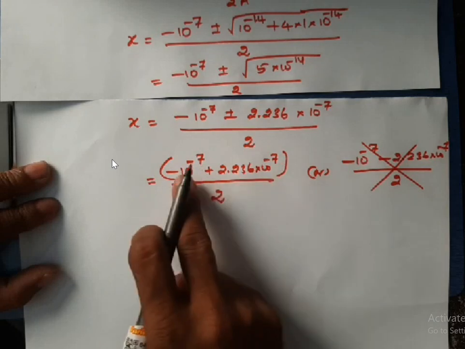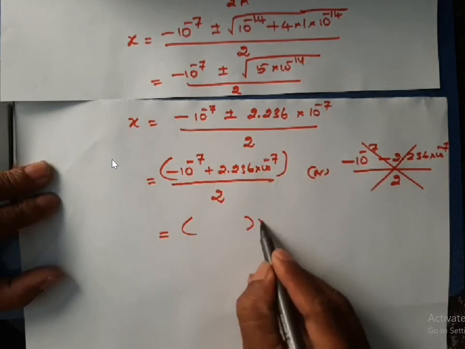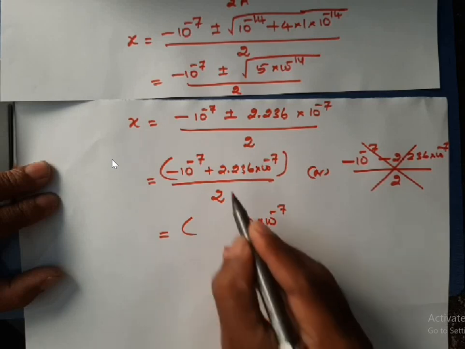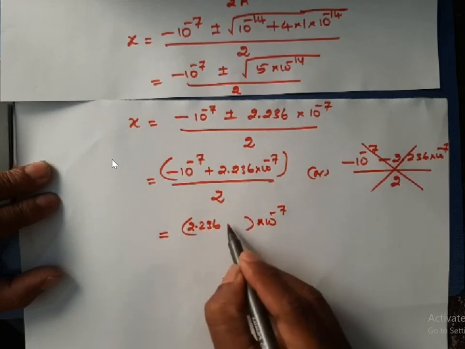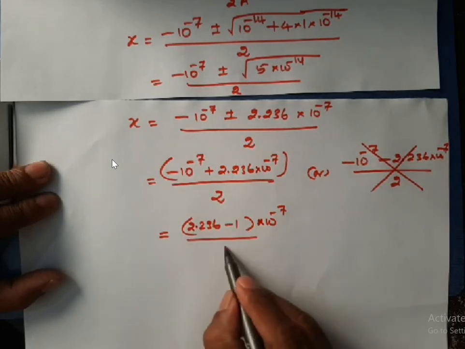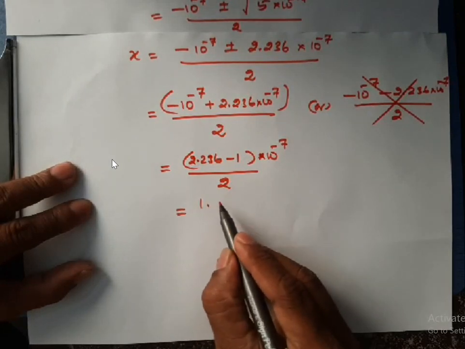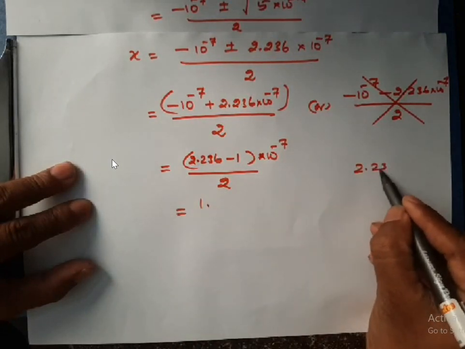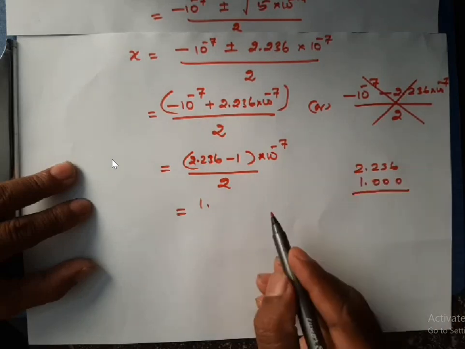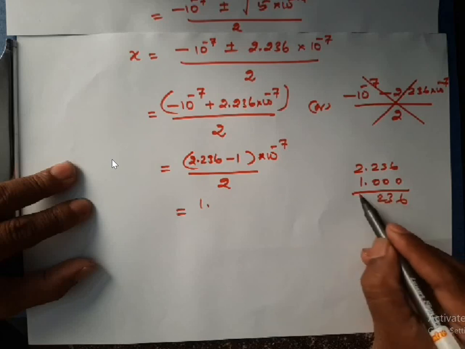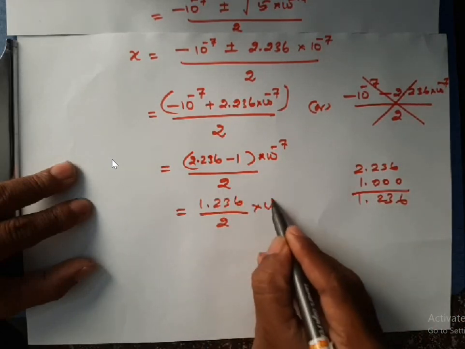Here I'll take 10 power minus 7 as common. Here I'll get plus 2.236 and minus 1, divided by 2. If I subtract, 2.236 minus 1, I'll get 1.236 by 2 into 10 power minus 7.